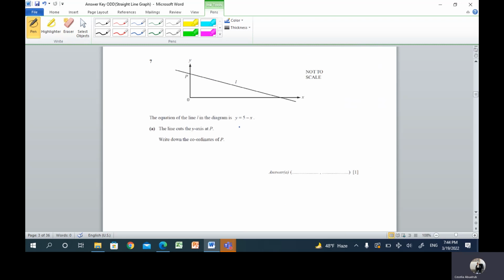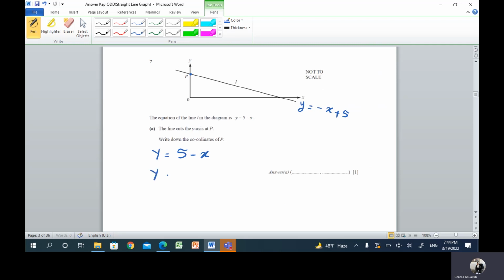So we have here the equation of the line in the diagram. This line L, the equation for this line is minus x plus 5. We can write it this way, right? The line cuts the y-axis at P. So immediately, before I even look at the diagram, the equation of the line as it is given in the question is y equal to 5 minus x.